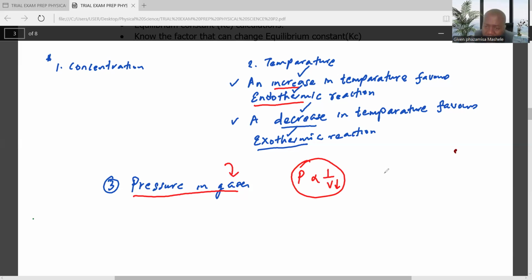However, the number of moles and the volume are directly proportional. So what does this mean? It means, listen to me very well. According to Le Chatelier's principle, an increase in pressure, which is a decrease in volume actually. An increase in pressure, which is the same as a decrease in volume.